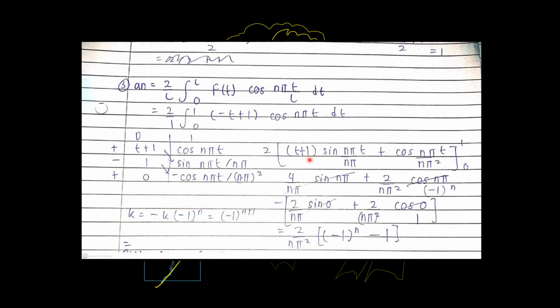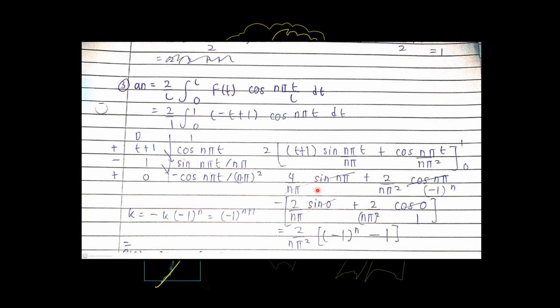After we insert the limit into the equation, we got 2 over n pi sin(n pi) plus 2 over n pi squared cos(n pi), minus 2 over n pi sin 0 plus 2 over n pi squared cos 0.